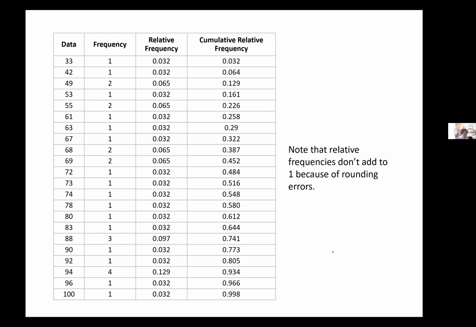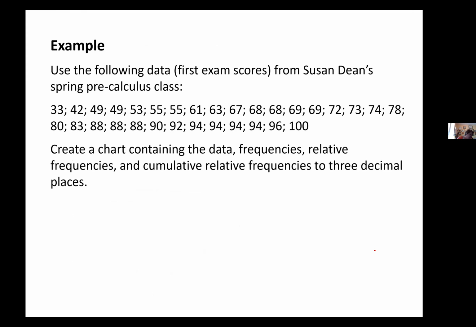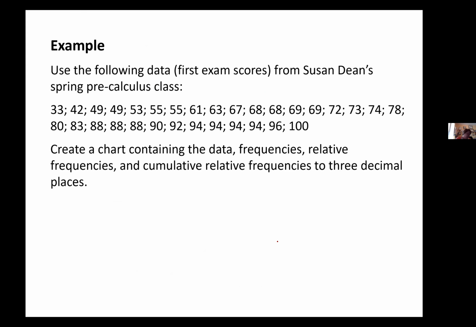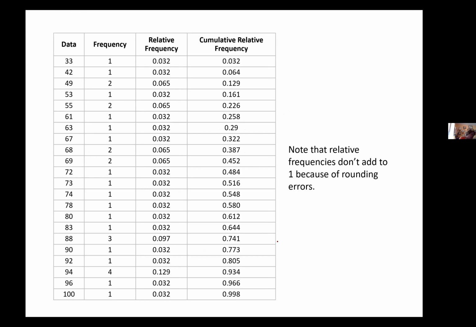Now we had how many students here? 1, 2, 3, 4, 5, 6, 7, 8, 9, 10, 11, 12, 13, 14, 15, 16, 17, 18, 19, 20, 21, 22, 23, 24, 25, 26, 27, 28, 29, 30, 31. 31 data values.